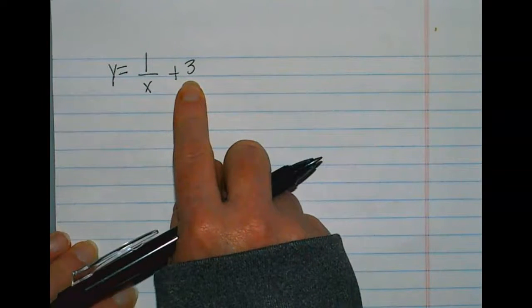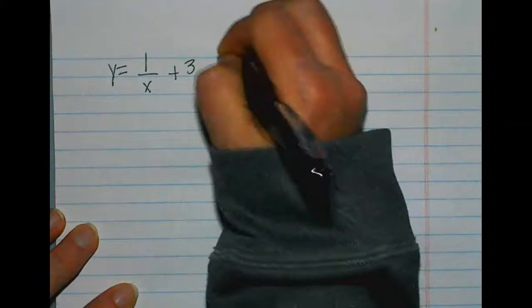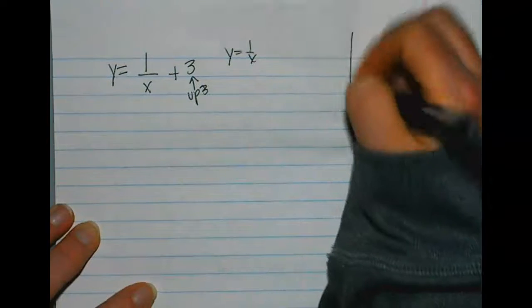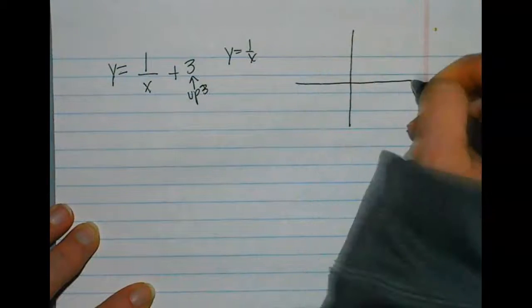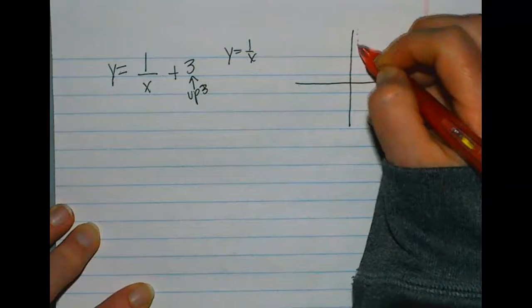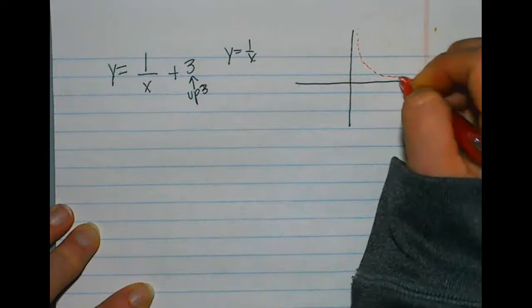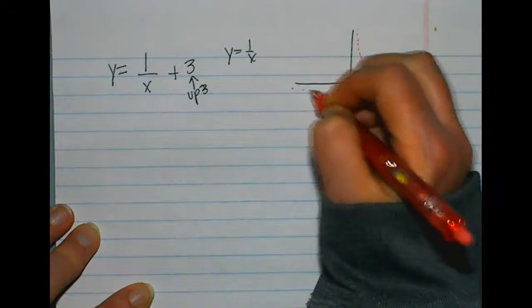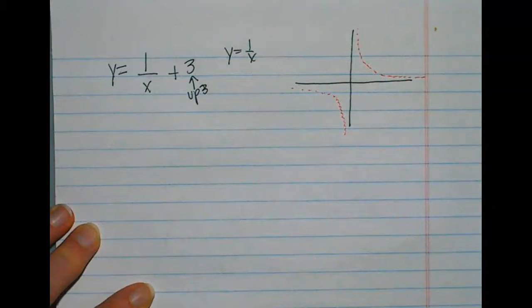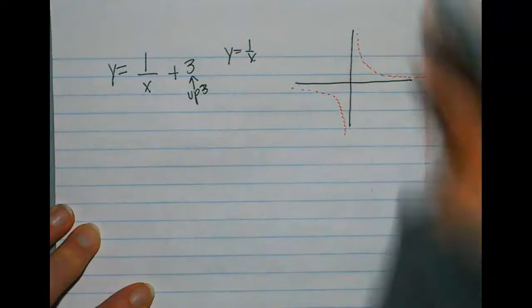So let's look at that. Normally it's y equals 1 over x. This means up 3. The graph for this one normally looks like this. It normally looks like that, but our graph has been shifted up 3.